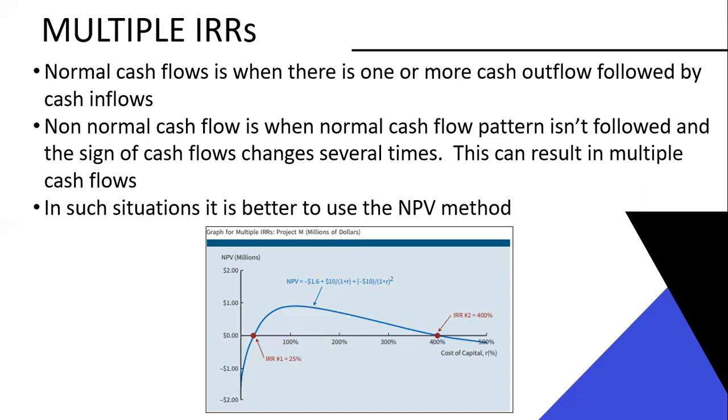But sometimes there's a non-normal cash flow situation. In that situation, there's maybe an outflow in the beginning, then some inflows, and then there may be some cash outflows again. That is a non-normal cash flow situation. And when that happens, it can result in multiple IRRs. Therefore, in such situations, it is better to use the NPV method.